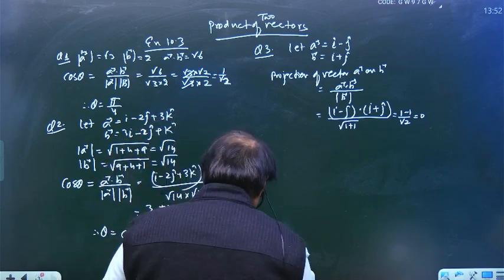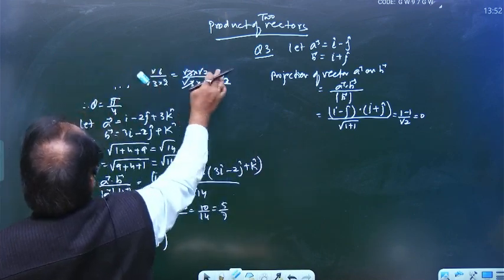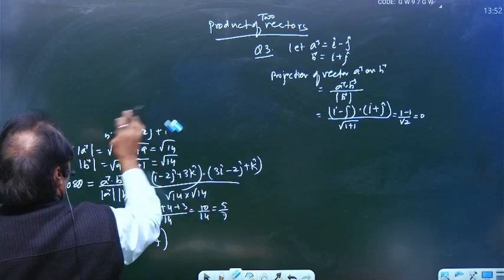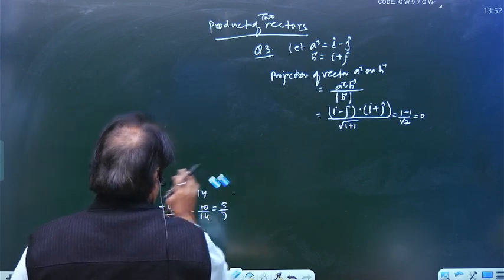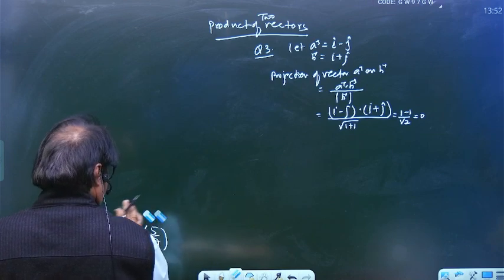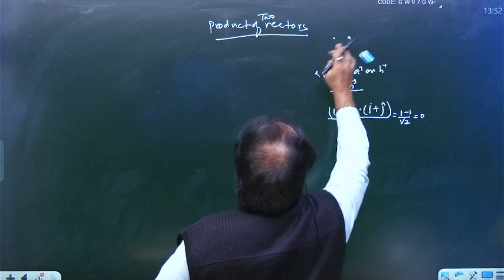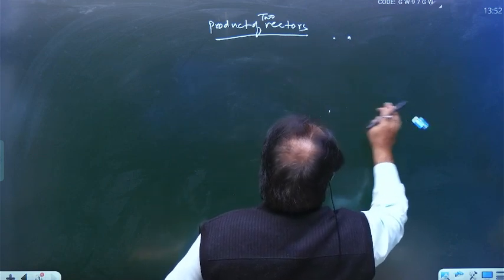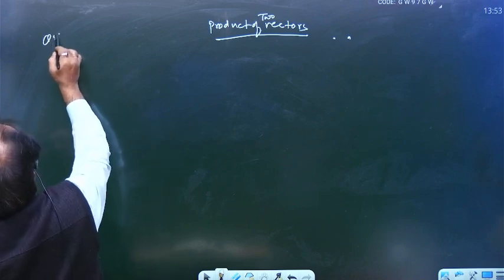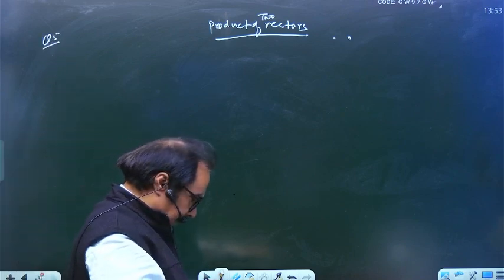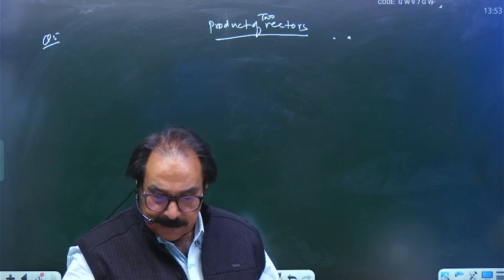Now I am moving to question number 5. The 5th question is, show that each of the three vectors is a unit vector.